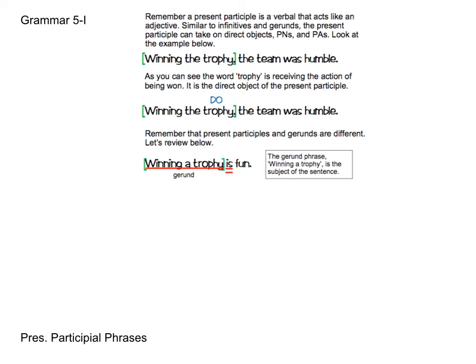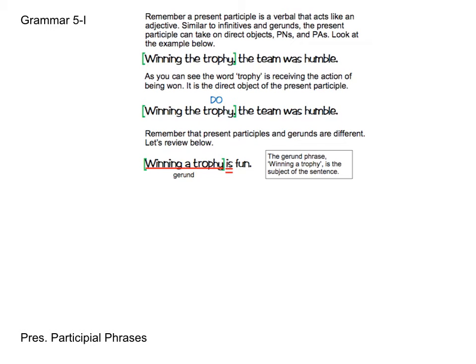And even more, that phrase, winning a trophy, is the subject of the sentence and is being modified by our PA, fun. So it's important to recognize that if there's nothing to be described, then it must be functioning as something. Vice versa, we always need a subject and verb in a sentence, so that is the number one thing to identify, a subject and a verb.